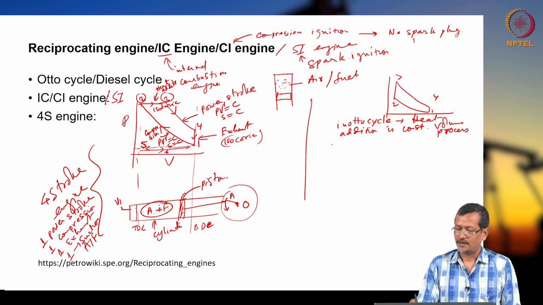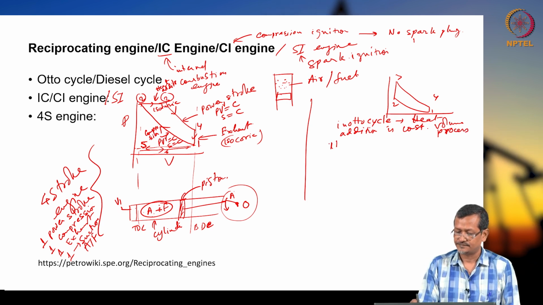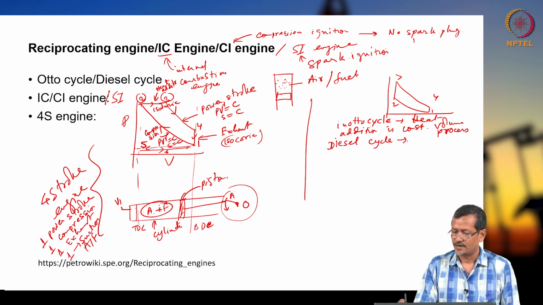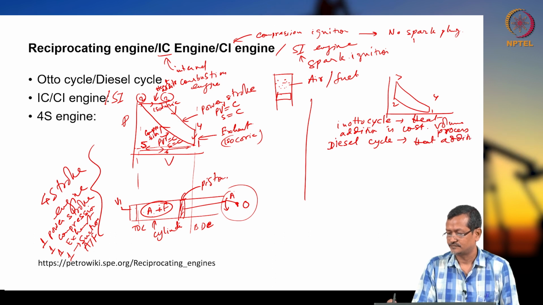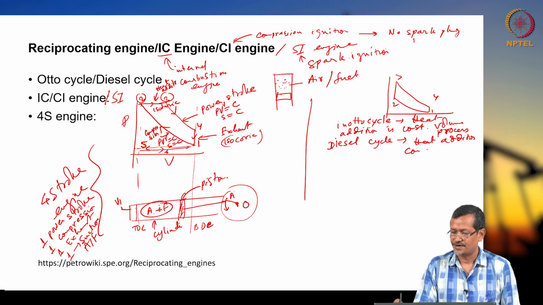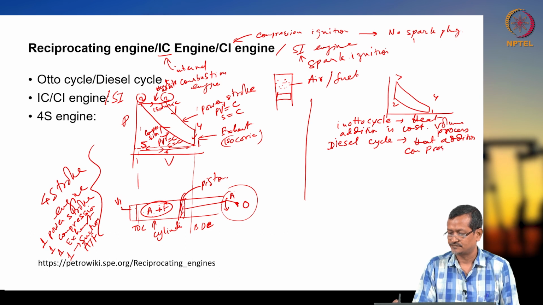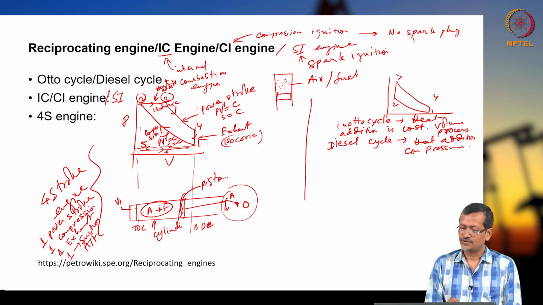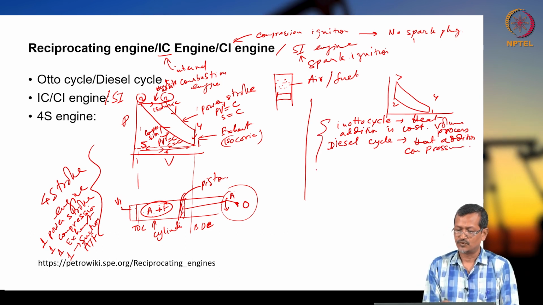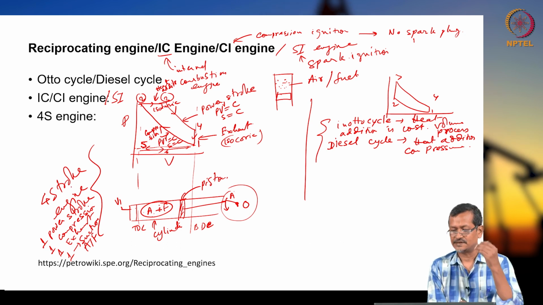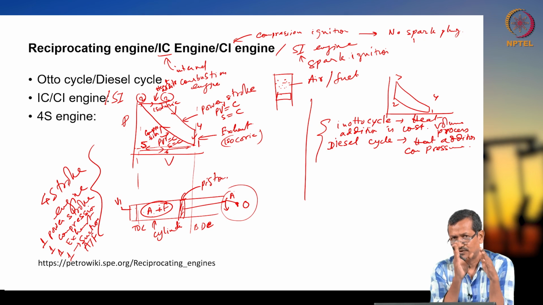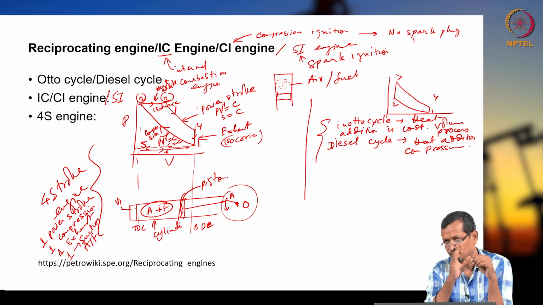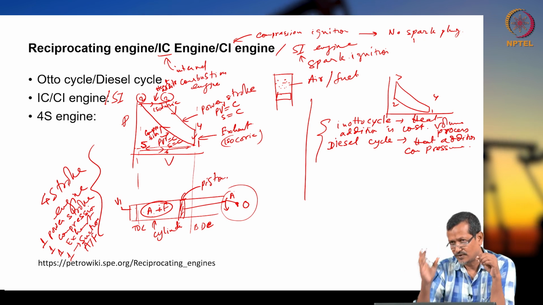Okay. Diesel cycle, heat addition is a constant pressure process. Okay. So, there will be many other cycles. The most common are the diesel cycle and Otto cycle. So, in the diesel cycle compression will occur, then when combustion occurs, the piston will be pushed backward and you will get the power stroke.